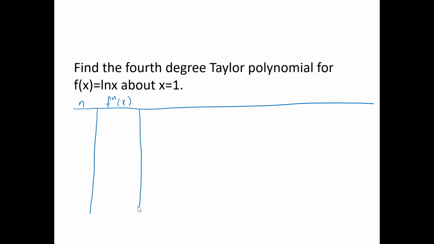Be careful here. You're not going to evaluate your nth derivative at 0 because it says about x equals 1. So you're going to plug in 1s, right? And then you can use that to figure out what your Cn is. And again, this is going to be your nth derivative evaluated at 1 divided by n factorial.